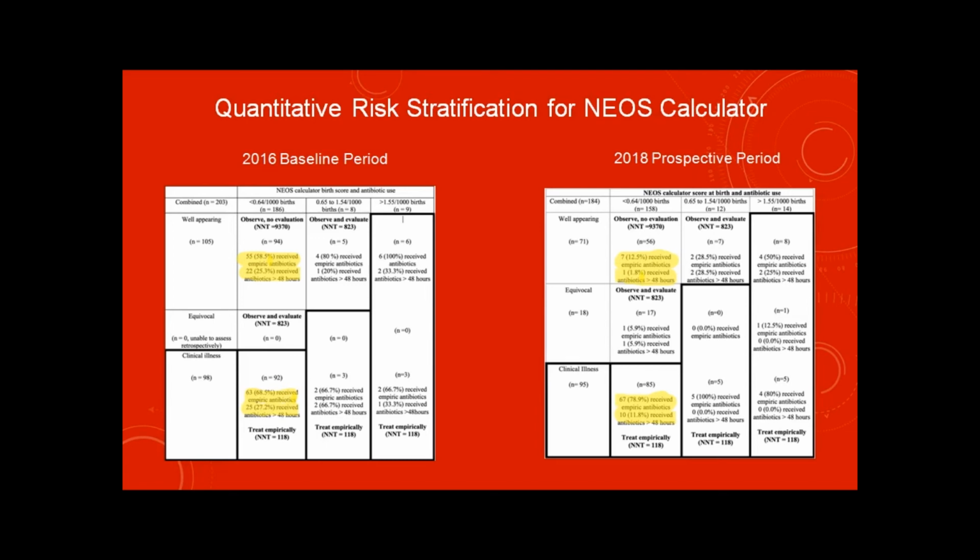Now what's interesting is, if you look at the clinical illness down here, so this is some of our sick babies here. We treated 69% before the calculator. After the calculator, we treated 79%. And the question is, why did that happen? It's likely because before we were looking at the maternal risk factors.